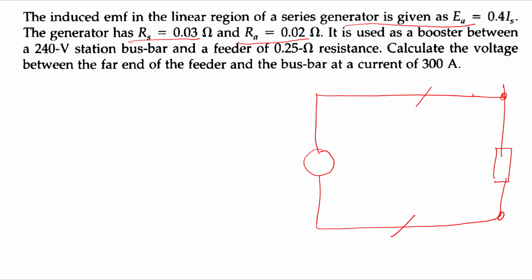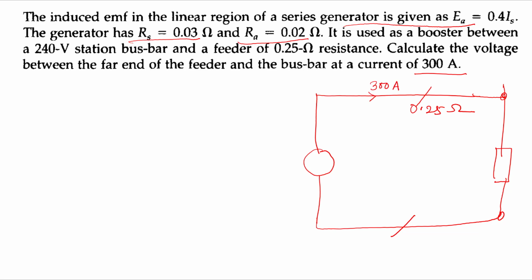It is used as a booster between a 240 volt station bus bar and a feeder. The feeder resistance is 0.25 ohm, right? Calculate the voltage between the far end of the feeder and the bus bar at a current of 300 ampere. So this is supplying 300 ampere.